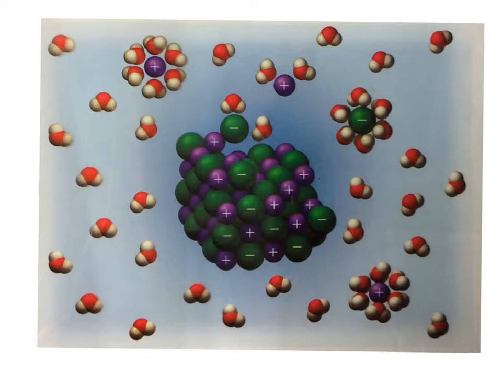So let's take a look at what happens when we dissolve something. This is a pictorial representation of sodium chloride dissolving in water. These little guys right here represent the water molecules. Red is oxygen, white is hydrogen. Then we have sodium cations, represented by these positively charged spheres, and we have these slightly larger chloride anions represented by these negatively charged spheres.